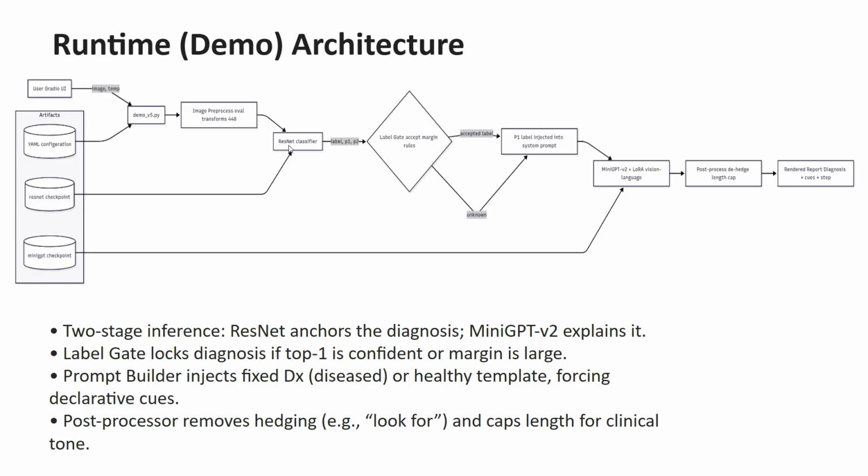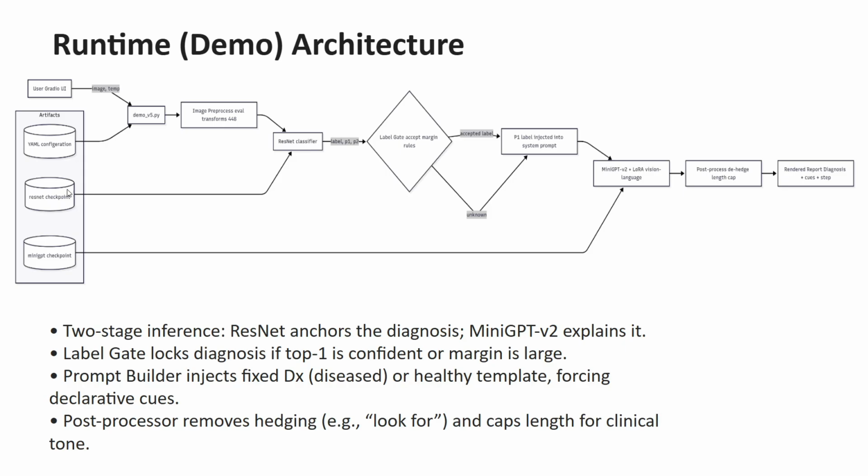This is sent to the ResNet classifier, which is trained on a checkpoint. It looks at about 2,000 or so images that it's been trained on, to classify out of 7 different diagnostics, and it chooses the one with the highest confidence.